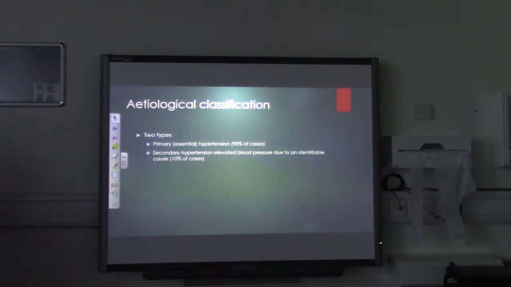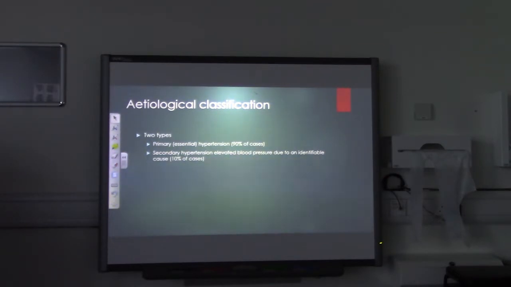Etiological classification: there appear to be two types. We have primary or essential hypertension, in which between 90 and 95% of all cases fall. This seems to be a result of a complex interaction of genetic and environmental factors, and we will talk about some of those further on in the lecture.